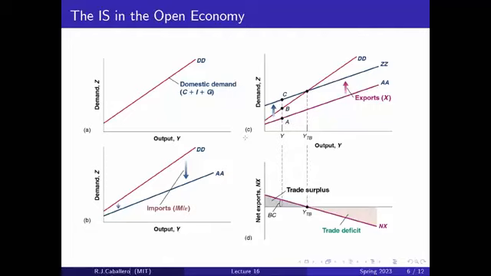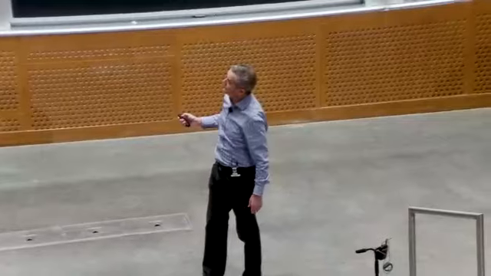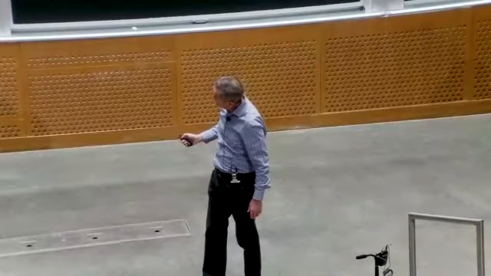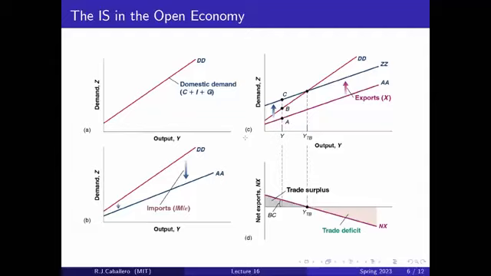Why is that? Obviously we're subtracting imports from domestic demand, so that moves us down, but it's not a parallel shift. This curve becomes flatter. In other words, the gap is larger for high levels of income than for low levels of income or output.